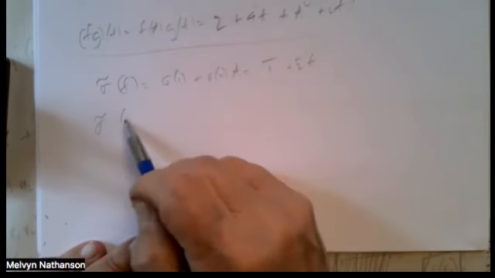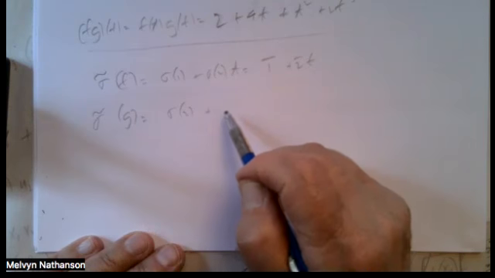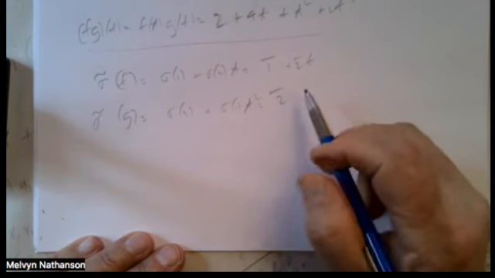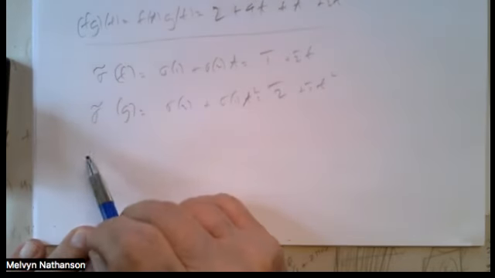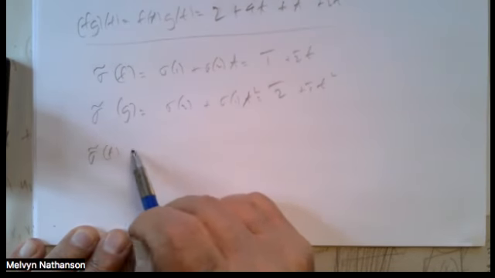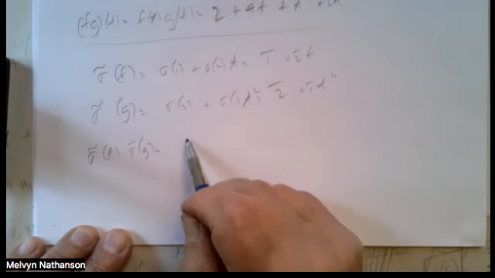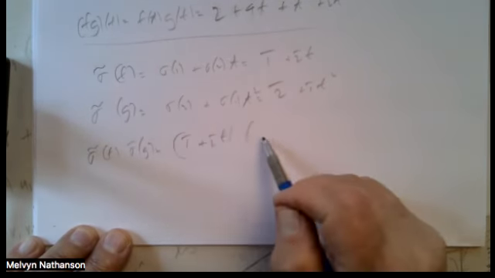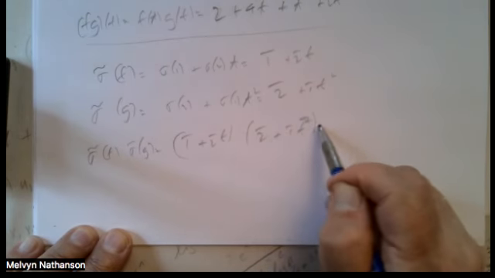And sigma tilde of g is sigma of 2 plus sigma of 1 t squared. That's 2 bar plus 1 bar t squared. And sigma tilde of f times sigma tilde of g: I'm multiplying these two polynomials, 1 bar plus 2 bar t, and 2 bar plus 1 bar t squared.